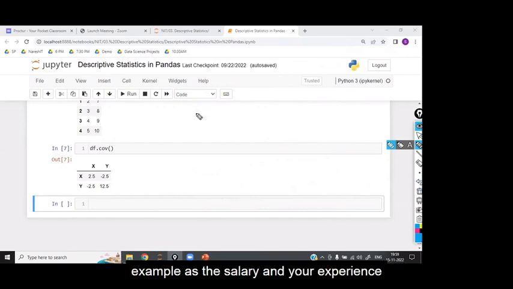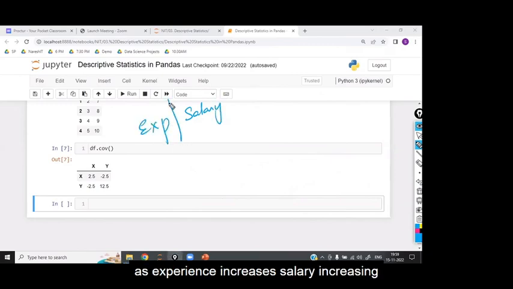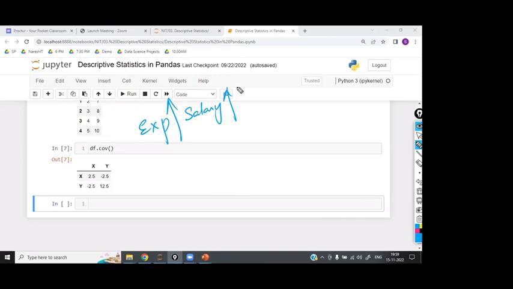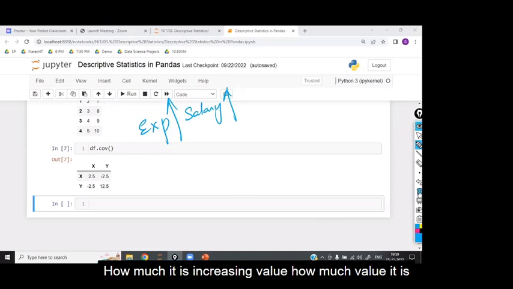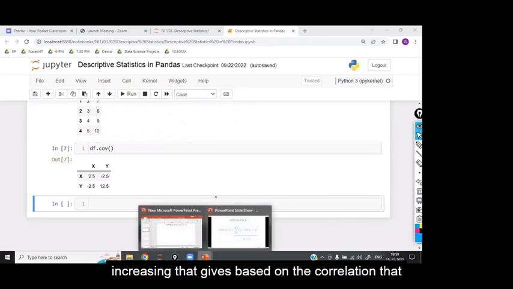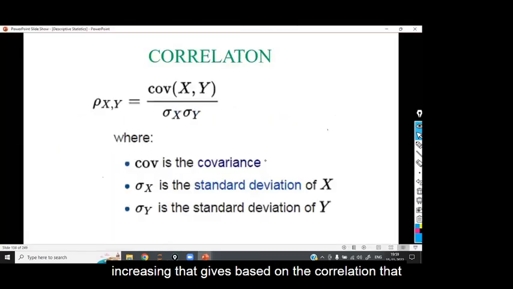For example, as experience increases, salary increases. With what percentage? How much are they correlated? 100%, 80%, 90%, how much? How much value is it increasing? That is given by the correlation.